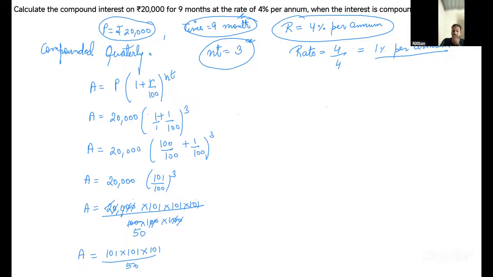There might be some mistake. It's 20606.60. Okay, so I'll do it again. Okay. Some calculator mistakes are there. Shall I raise this, guys? Okay. Yes.